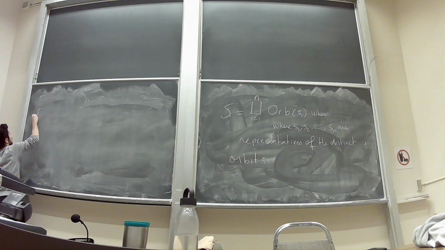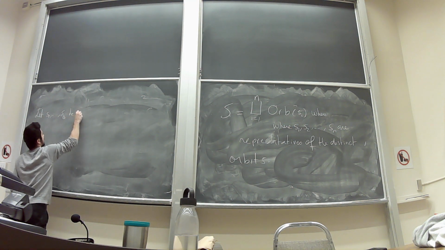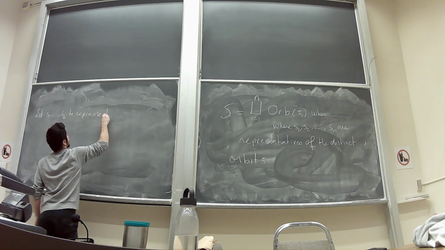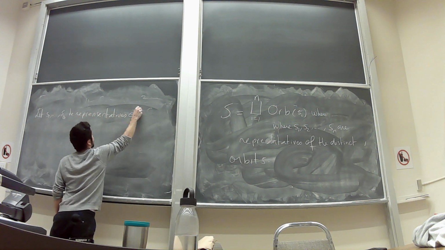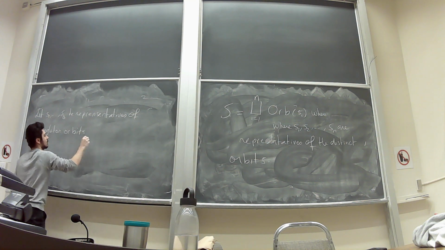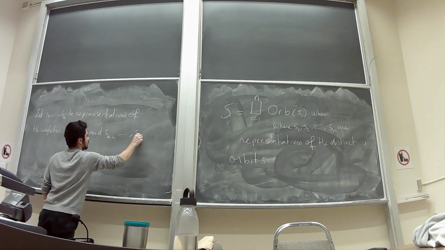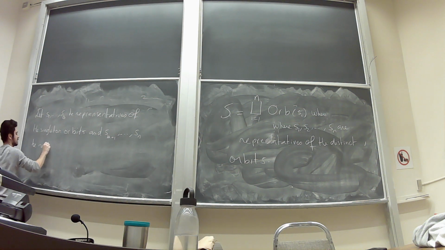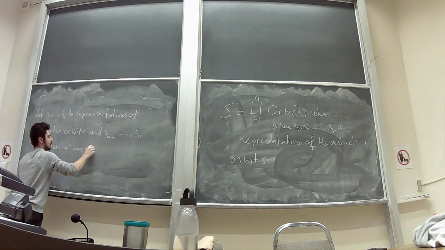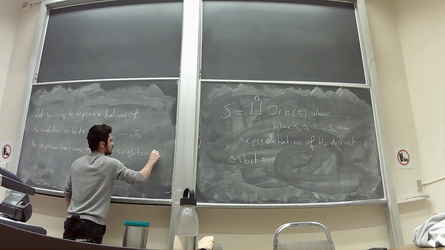Now, let's say S1 up to Sk are representatives of the singleton orbits and Sk plus 1 up to Sn are representatives of non-singleton orbits.